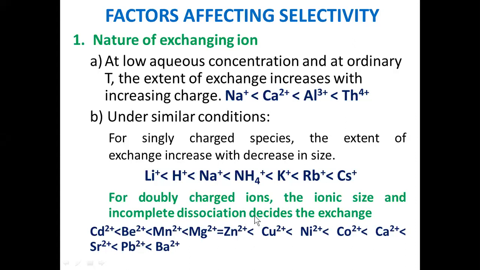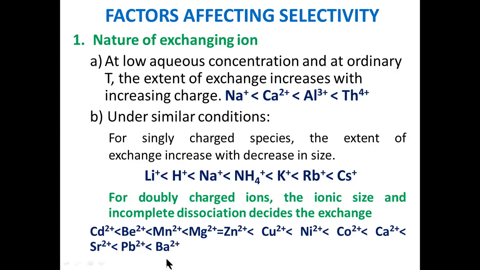For doubly charged ions, all these species are doubly charged and all the conditions are fulfilled, but the compounds available in the solution must be able to undergo dissociation rapidly, and the rate of dissociation will decide the ion exchange process. Whatever species you consider, it must undergo dissociation more rapidly; then those species undergo the exchange process more rapidly.